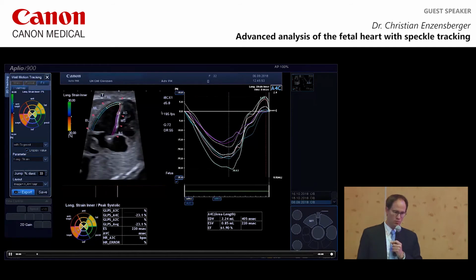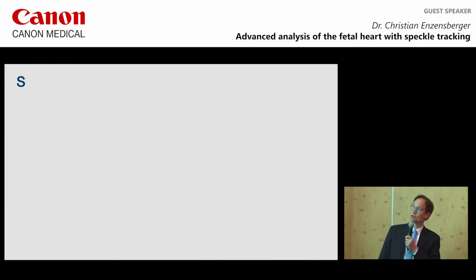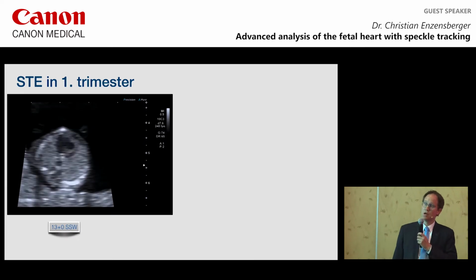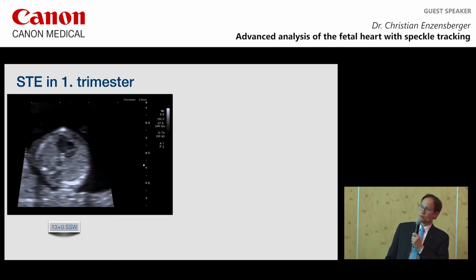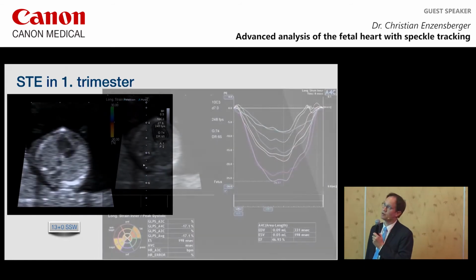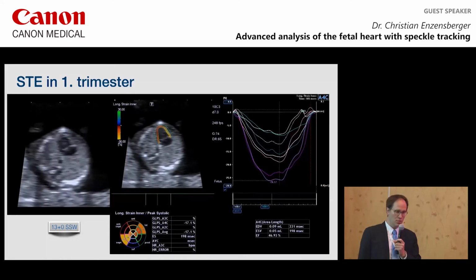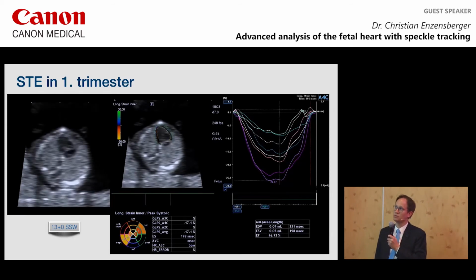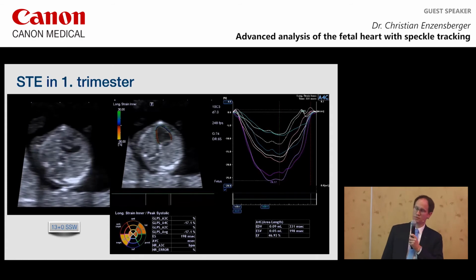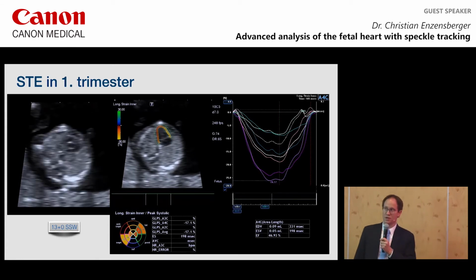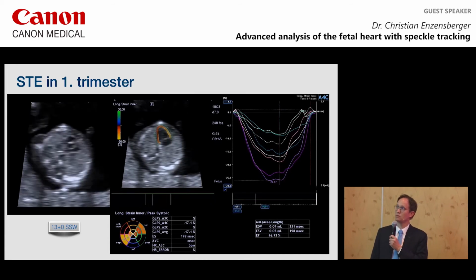We said, okay, we'll try it in the first trimester, and I want to show you how this looks. 13 weeks of gestation, and here we said a differentiation between left and right ventricle at the moment doesn't make a lot of sense.